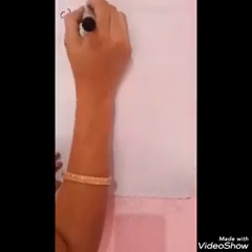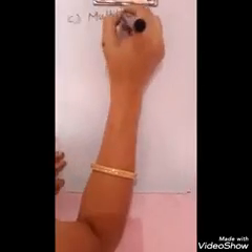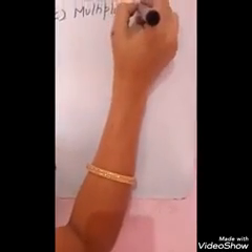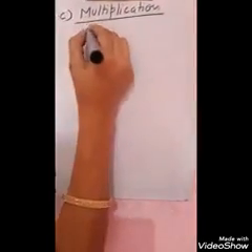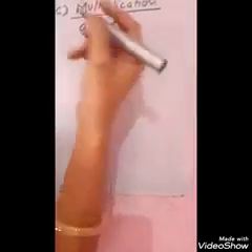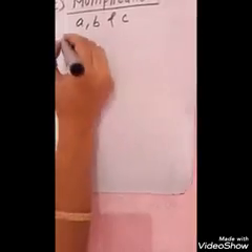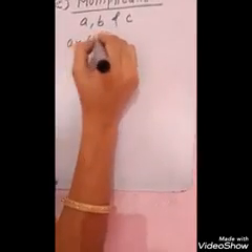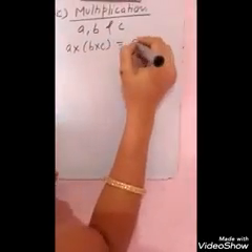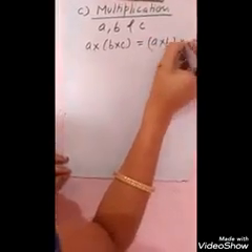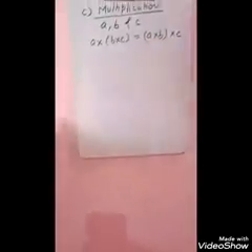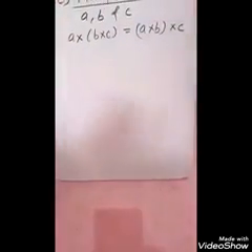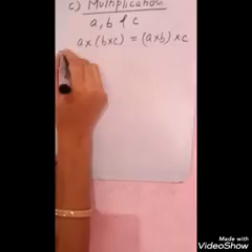Now student, we will see it for multiplication. And now again we will take three rational numbers, say A, B and C. And for associative property of multiplication, it should be A into B into C equal to A into B into C. And again we will try to take 3 rational numbers and just solve it whether the property is true for multiplication or not.